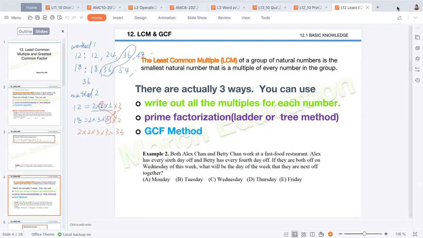Thanks, Erin. Now these are 2 methods, and then I will introduce a GCF method a little later. Okay. So now, thanks to Aaron and Tony, both of you already gave me the answer for example 2. So how about other students?